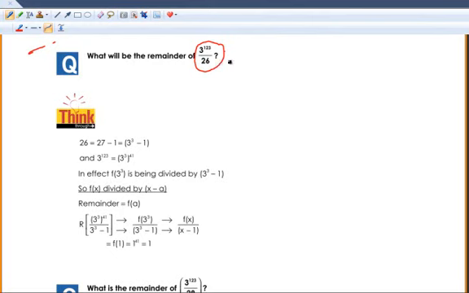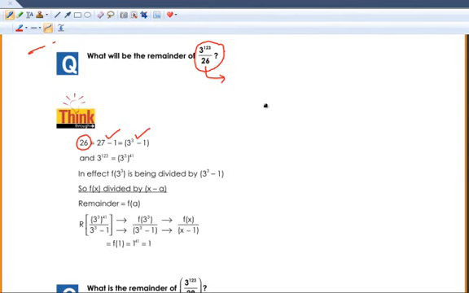Now in the numerator we have 3 raised to 123. And what is the number that we have in the denominator? It is 26. So can we express 26 as some power of 3 plus or minus 1? Yes. 26 is nothing but 27 minus 1, which is 3 cube minus 1.